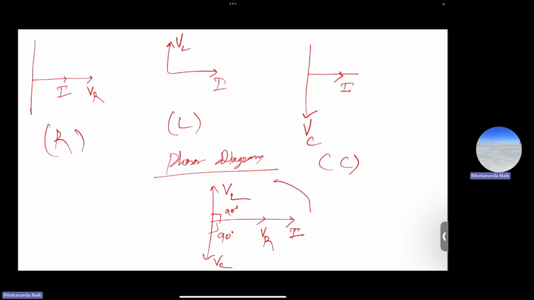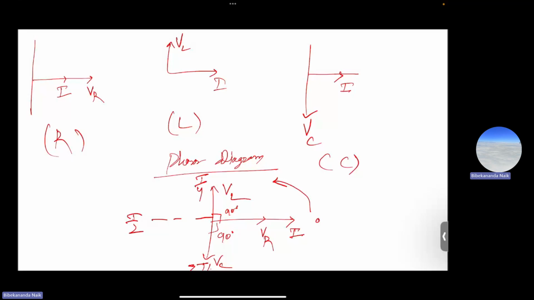So this is 0, this is T by 4, this is T by 2, and this is 3T by 4, and this is T.